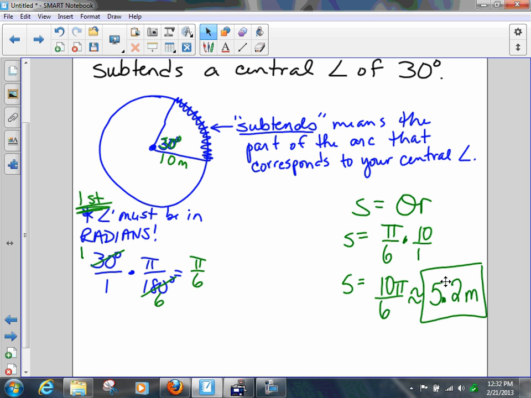The formula says it's always in radians, so what you put in as radians, you will get out as radians. But we're going to convert it over to degrees, because who thinks in terms of radians?